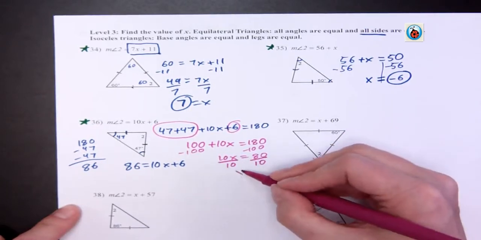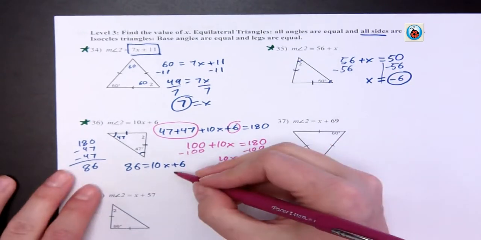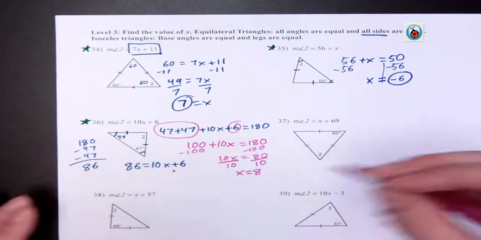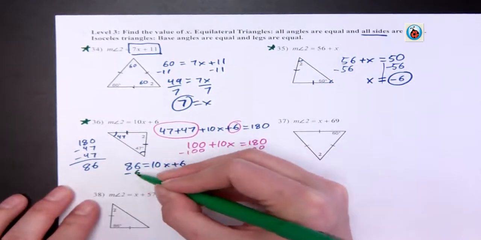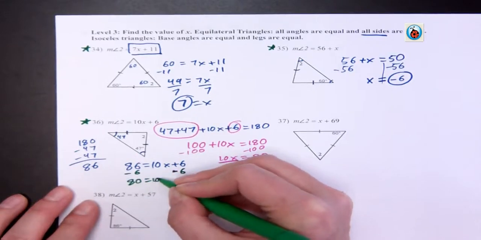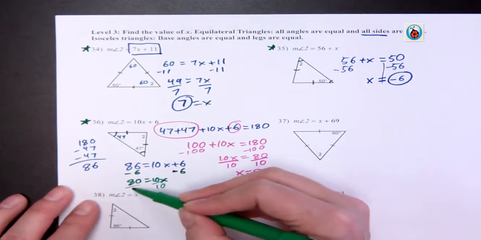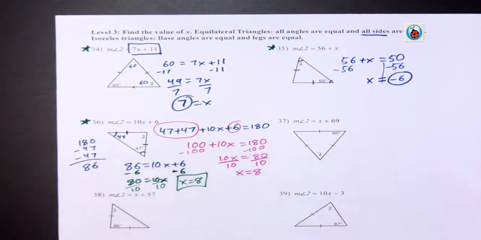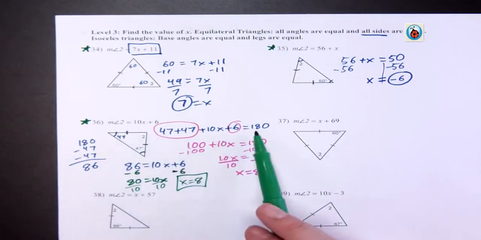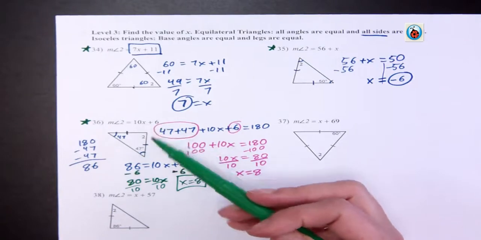And then I get x equals 8. If I did this one, my next step would just be subtract 6 to get 80 equals 10x, which is the same step I had here. And I divide by 10 to get x equals 8. So it is completely your choice. Do you like to write the big equation like this? Would you rather do that math, find your missing angle, and then write the small equation?